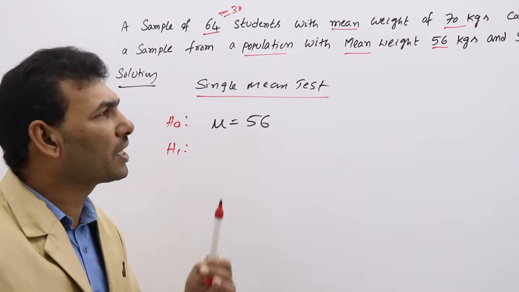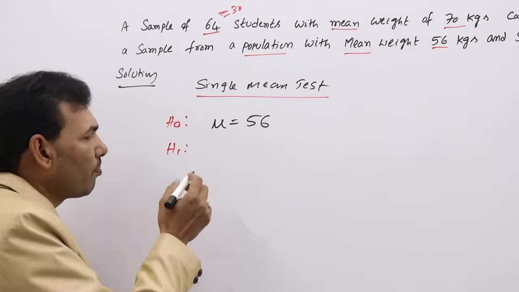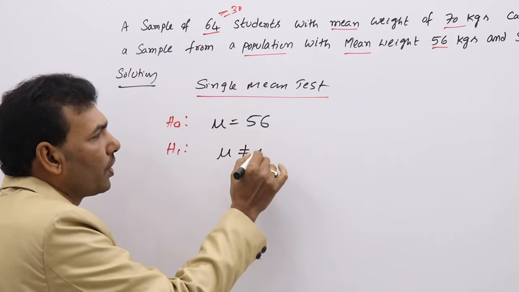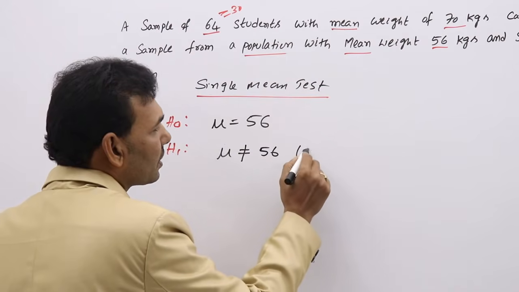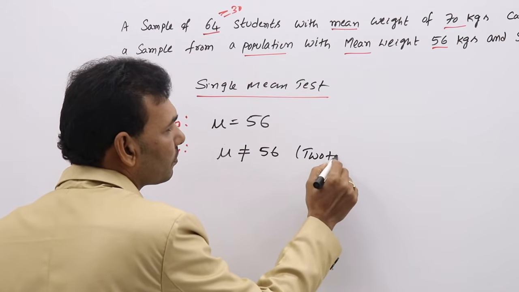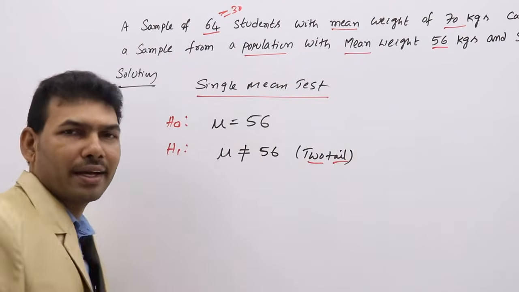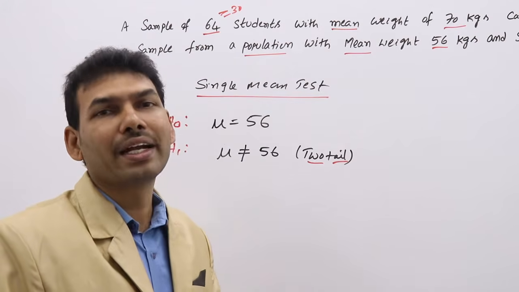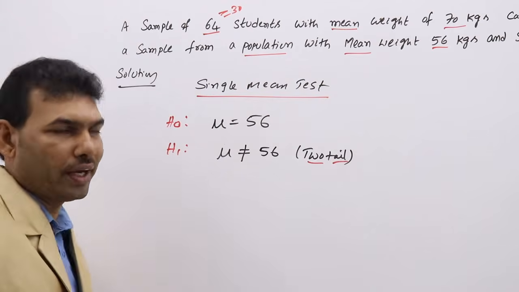Whenever the question doesn't mention H1, then by default you go for 2 tile test. You will take not equal to. If you write not equal to, that is 2 tile test. If you write less than or greater than, that is 1 tile. This plays a key role while calculating the table value, whether we are doing 1 tile or 2 tile.